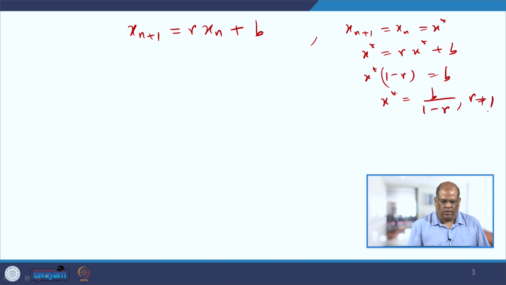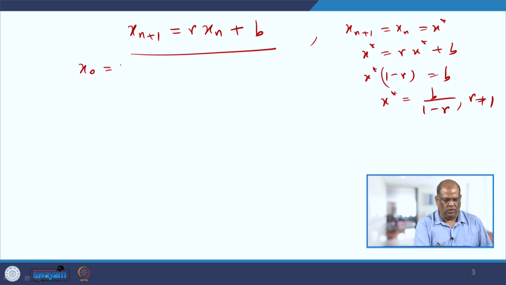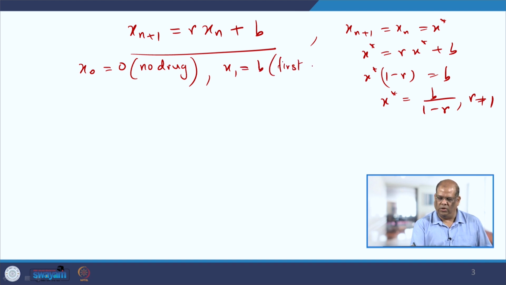Now, let us derive this in another way. At x 0, which is 0, there is no drug, and x 1 is b, which is the first dose. So x 2, if I put n equal to 1 here, is R times x 1 plus b.